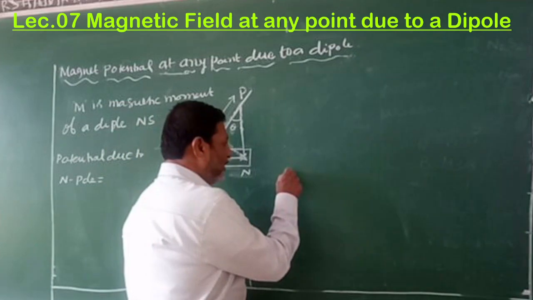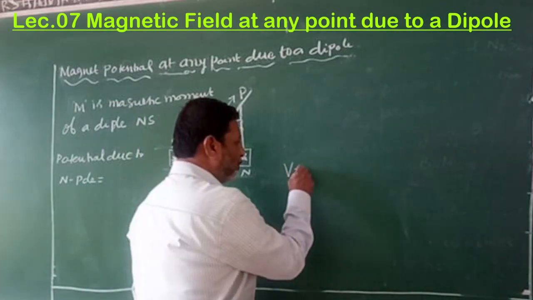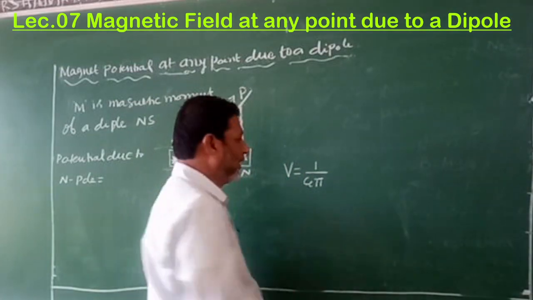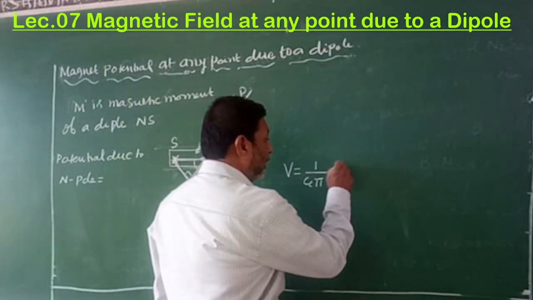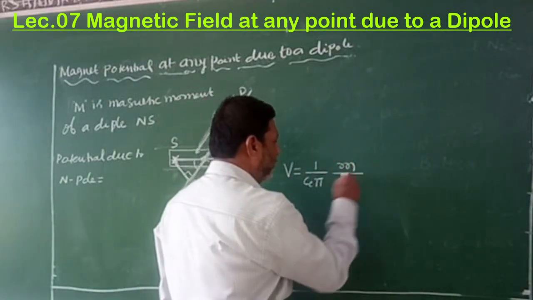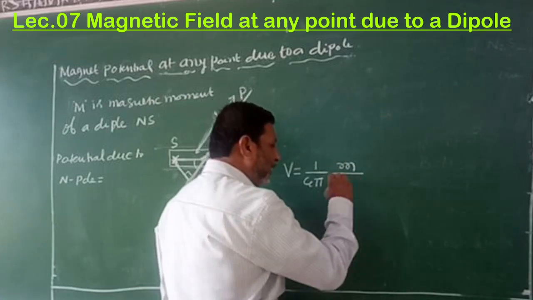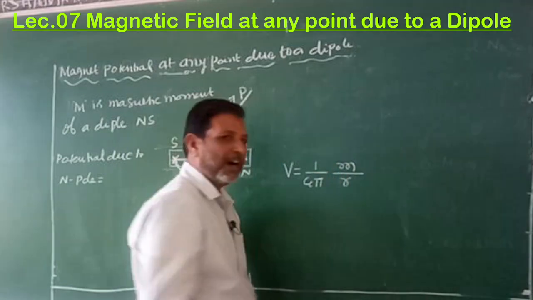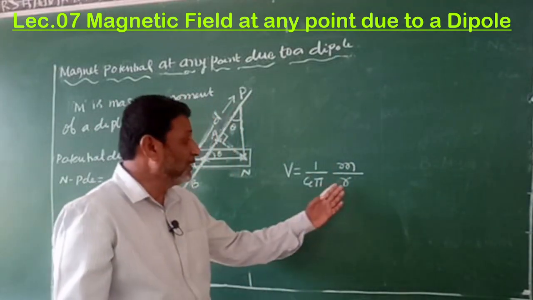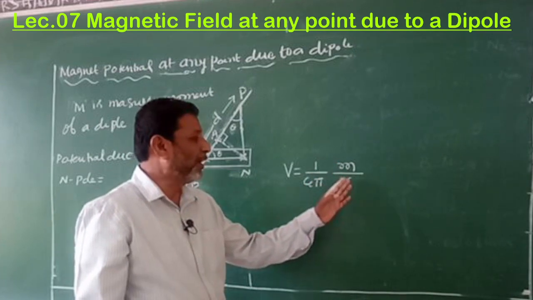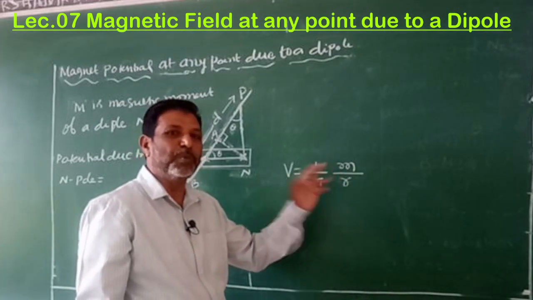That formula is: potential V is equal to 1 divided by 4 pi, m divided by d, or I will write here r. Now what is this r? r is nothing but the distance of the point from the pole.